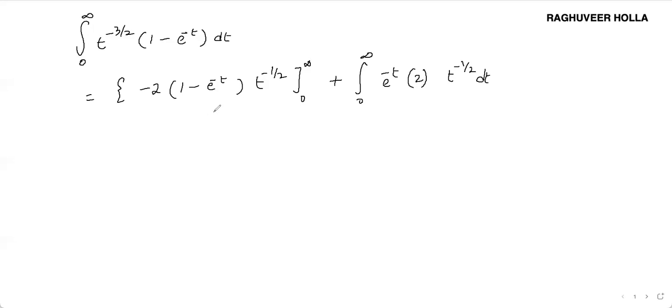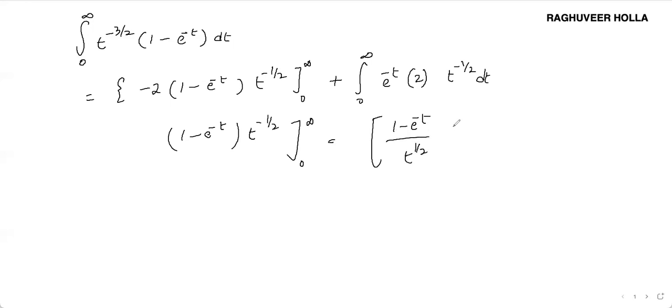Now, after simplifying this, by applying L'Hopital's rule, this will be (1 minus e to the power of minus t) multiplied by t to the power of minus half, from 0 to infinity, which is equal to (1 minus e to the power of minus t) divided by t to the power of half, from 0 to infinity, which is equal to 0.